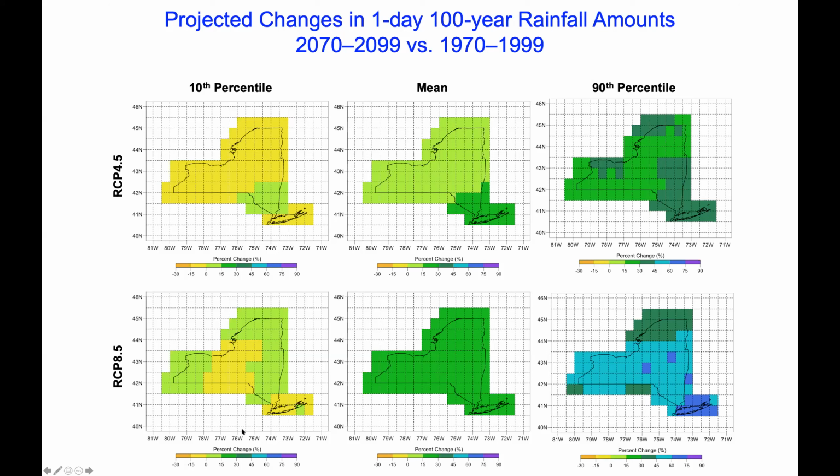Almost all places, even at the end of the century, see some changes that are possibly negative, but most are slightly higher than 0% change. At the high end of the spectrum, again, some indication of a larger change in coastal areas. And under the high emission scenarios, changes are on the order of 60% in the 1-day 100-year storm.